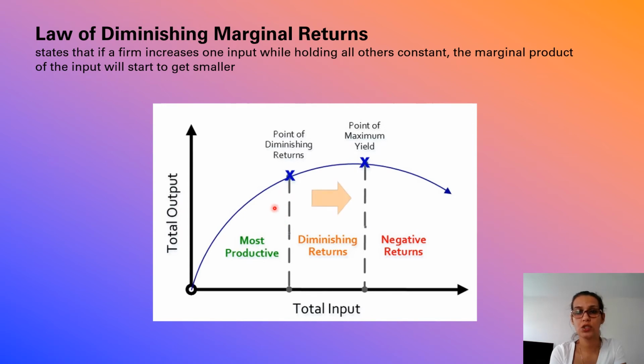And when an additional input, let's say labor, is added, the output will decrease since all constants remain the same. So the more labor is added, you can see the law of diminishing marginal returns having a negative effect on the firm.